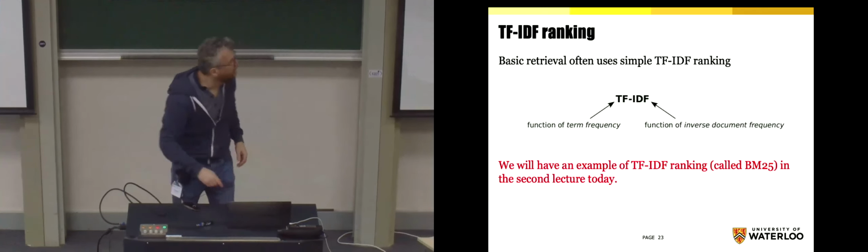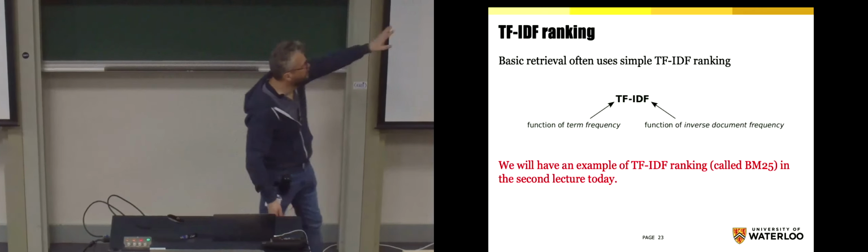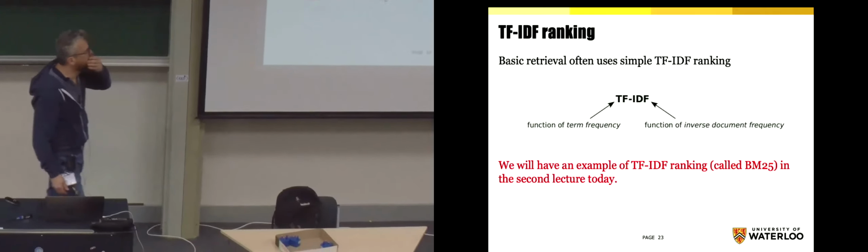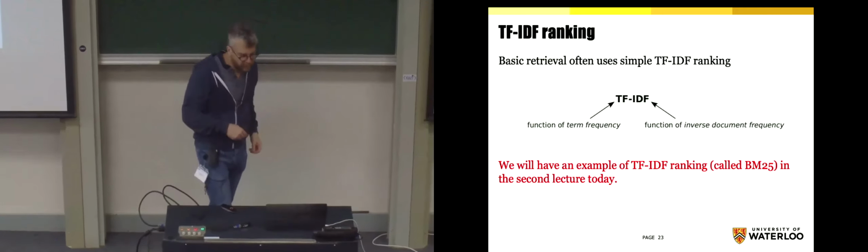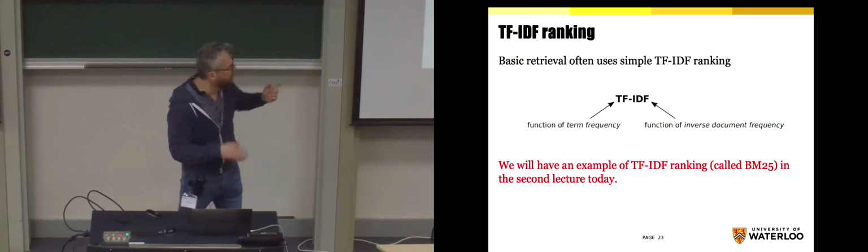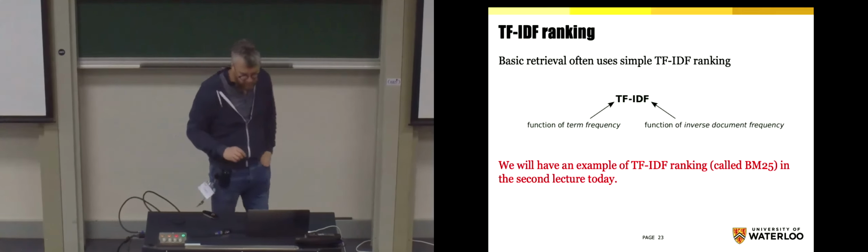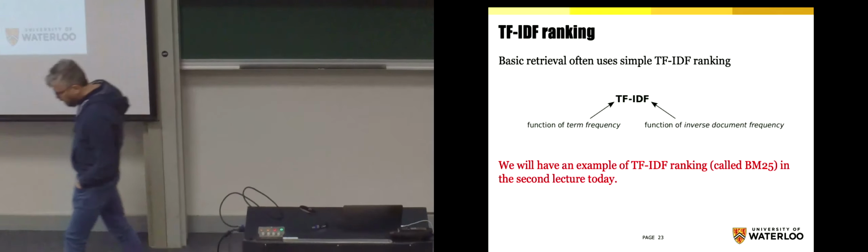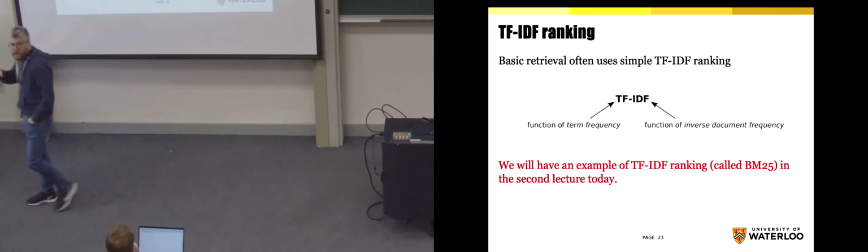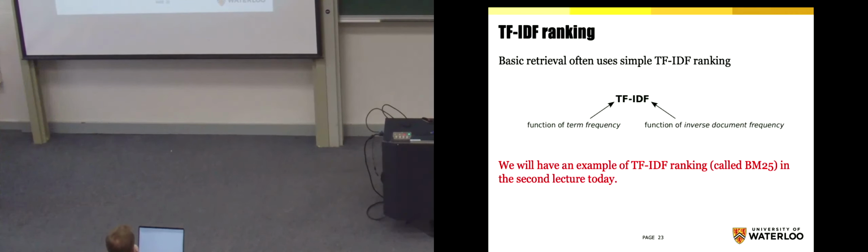And we'll see an example. I'm not going to do it this morning, I'll do it this afternoon. There's something called BM25, and you will work with BM25 this afternoon. That's an example of TF-IDF ranking. I'll show you why it's TF-IDF ranking.